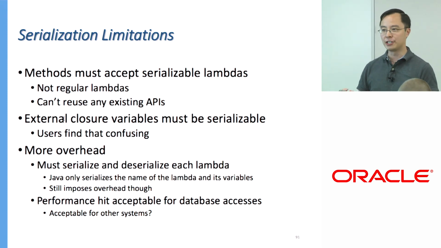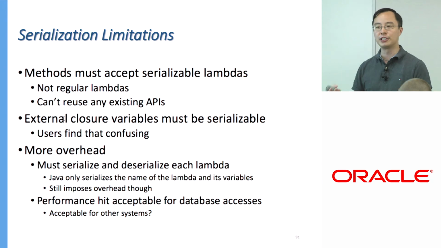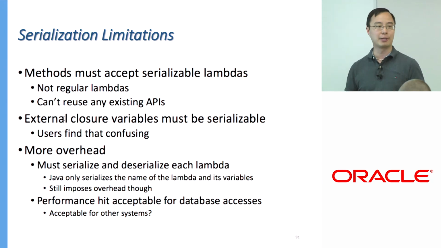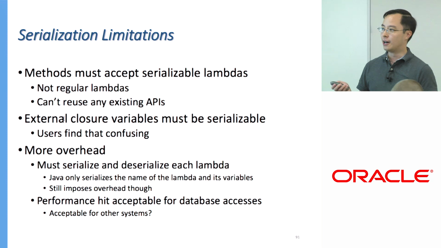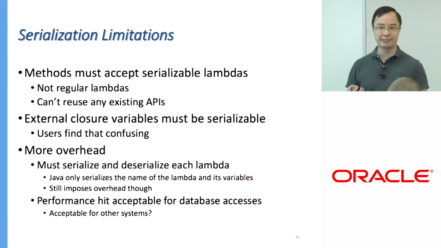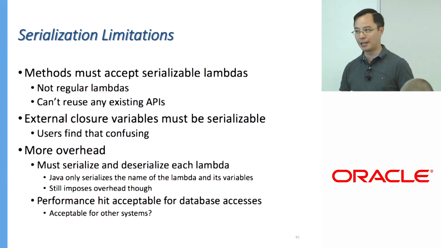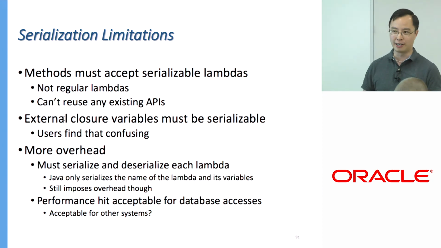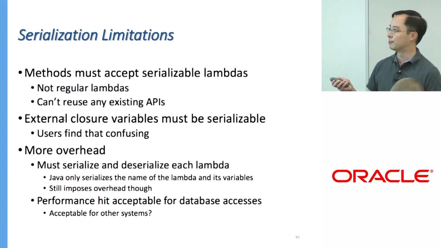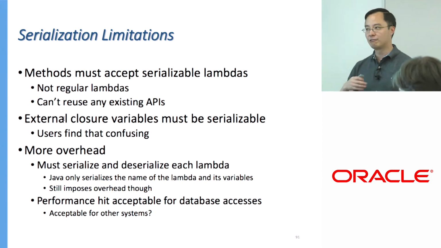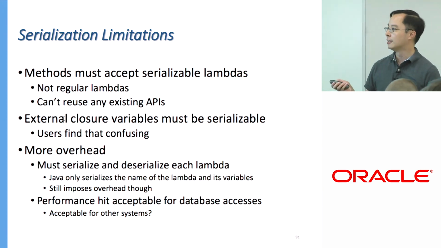So it'd be cool if programmers could just use the streams API and have it automatically generate database queries. But we can't do that because the existing streams API doesn't use serializable lambdas. So if we were to reuse that API, we wouldn't get serializable lambdas, so we can't reuse that API. We have to create our own interfaces and APIs for that.